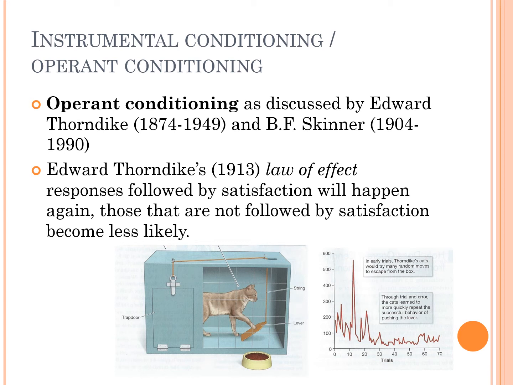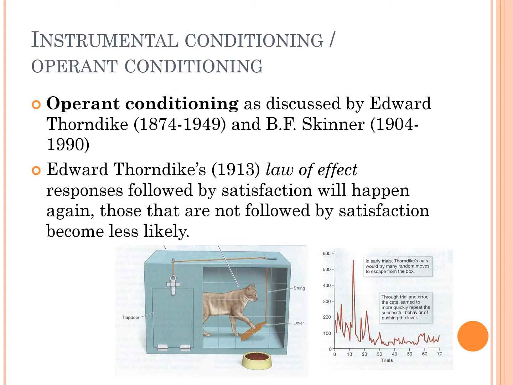And you can see in the example that if the cat steps on that lever, he or she is going to open the lever and get the food. And you can see on the right that in early trials, they are performing random errors, as he calls them, but really not performing exactly what they need to do to open the lever to get out of the box.